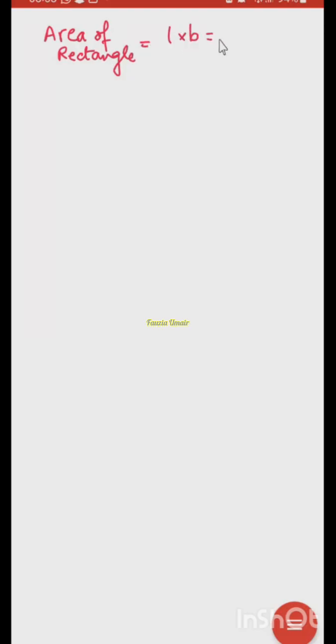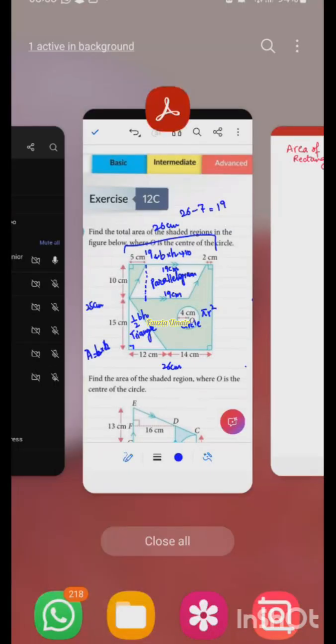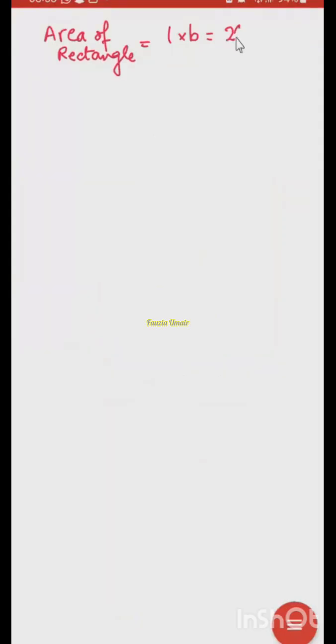So it's 26 into 25. 26 multiplied by 25. Can anyone tell me what is the answer? I think it is 546. Wait. Not 546, 650. 650. So 650 centimeter square is the area of rectangle.